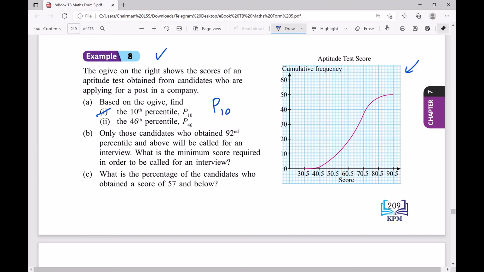It's 10 over 100, it must be over 100, times your n, your total number of data. So your total number of data here, if you look here, the maximum is here, right? So it is 50.